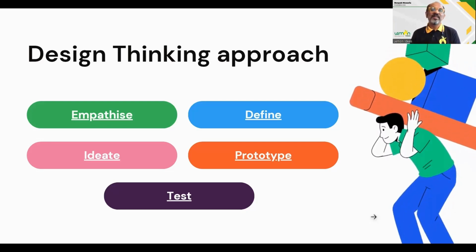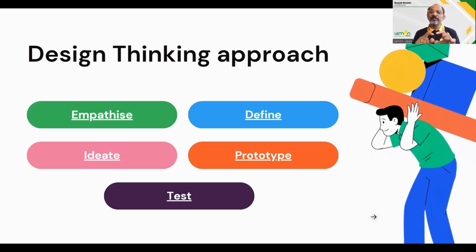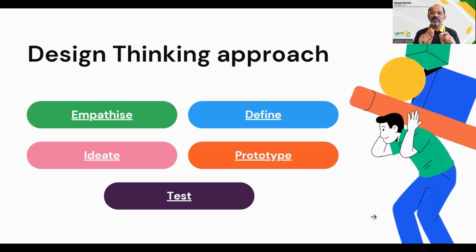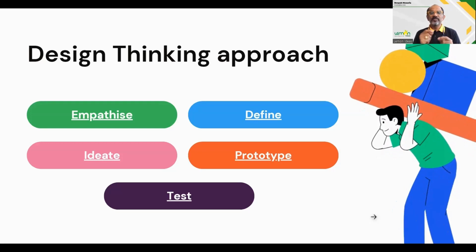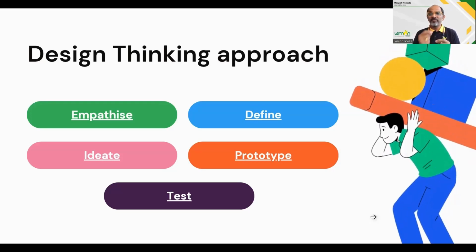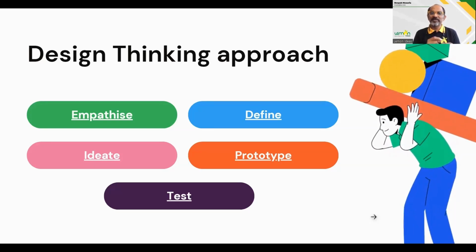Whatever is your likely solution, you create a minimum functional version of that solution. It has to be a minimum functional version. And then you test it over a period of time to see if it's working. If it's working, fine. You get feedback, you improvise it. If it's not working, go back to the first step, empathize.